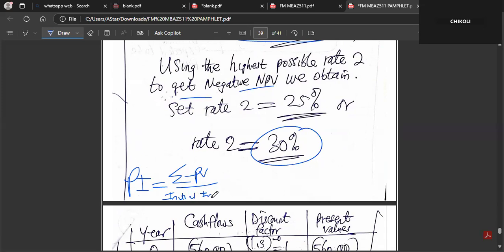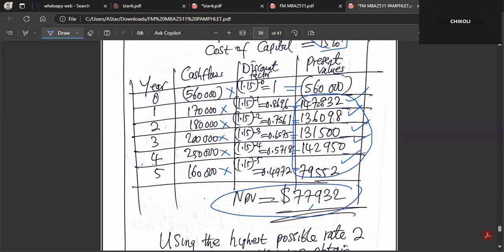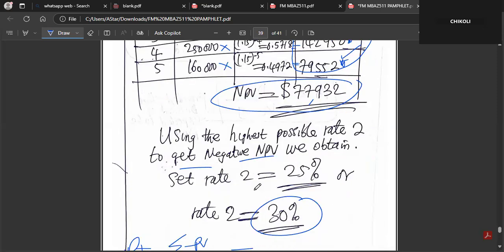So what is our sum of present values? You add all these present values here, 147,832 and the rest, this one, this one, this one, and that one, all together.